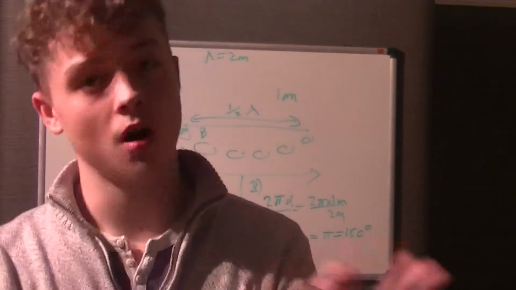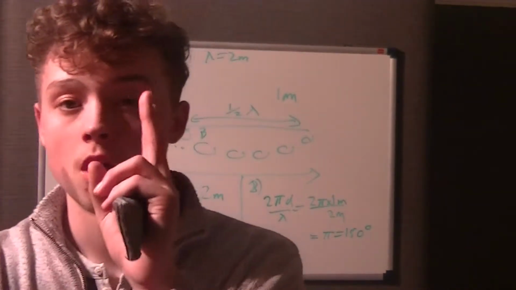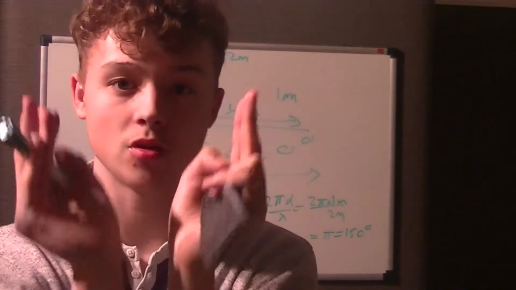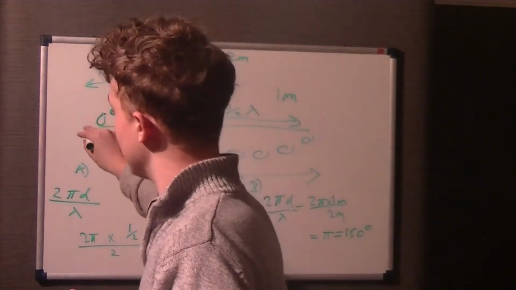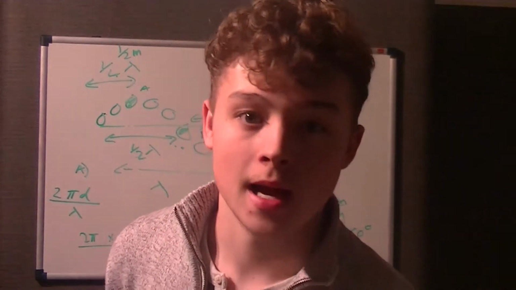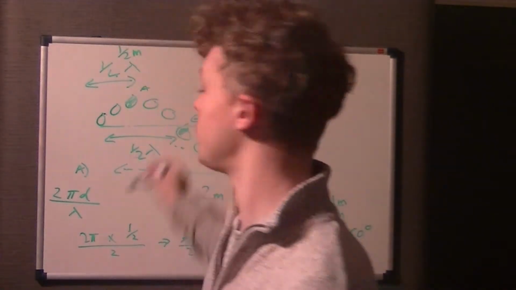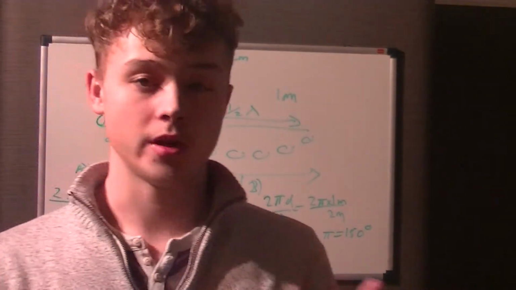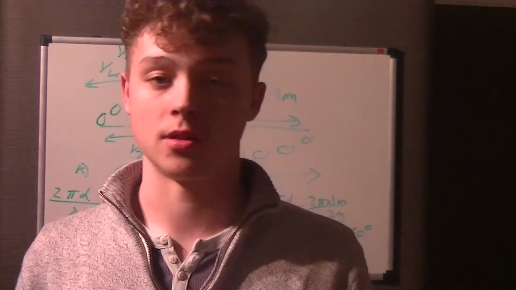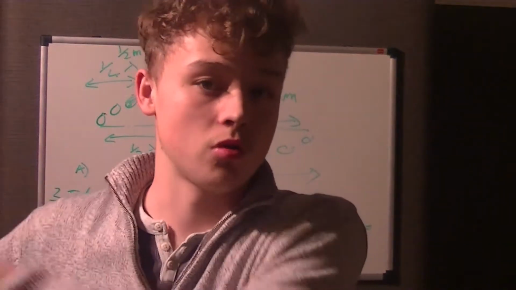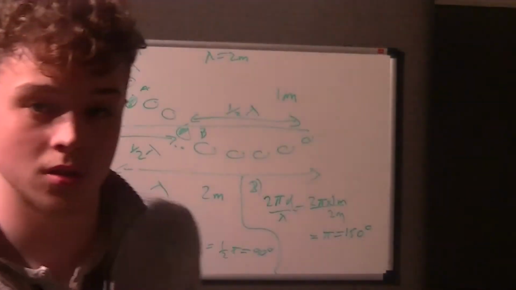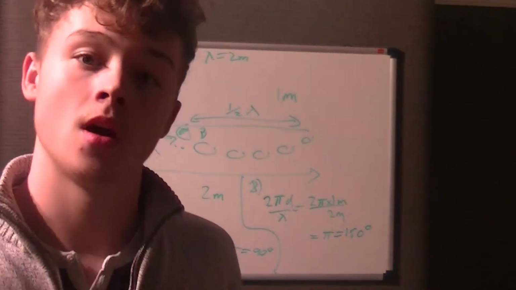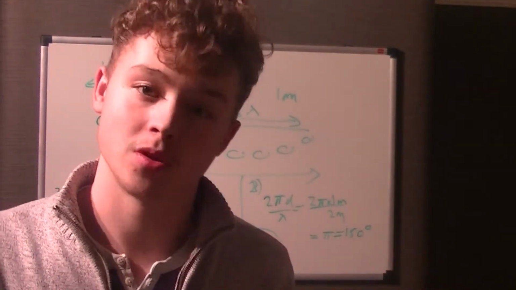So if it's halfway, half of 360 is 180. Hence B and the first particle are 180 degrees out of phase. And then A, because it's a quarter of the way, is half of 180, so that's 90. That's why it's 90 degrees, because it's a quarter of the way along to 360 degrees.